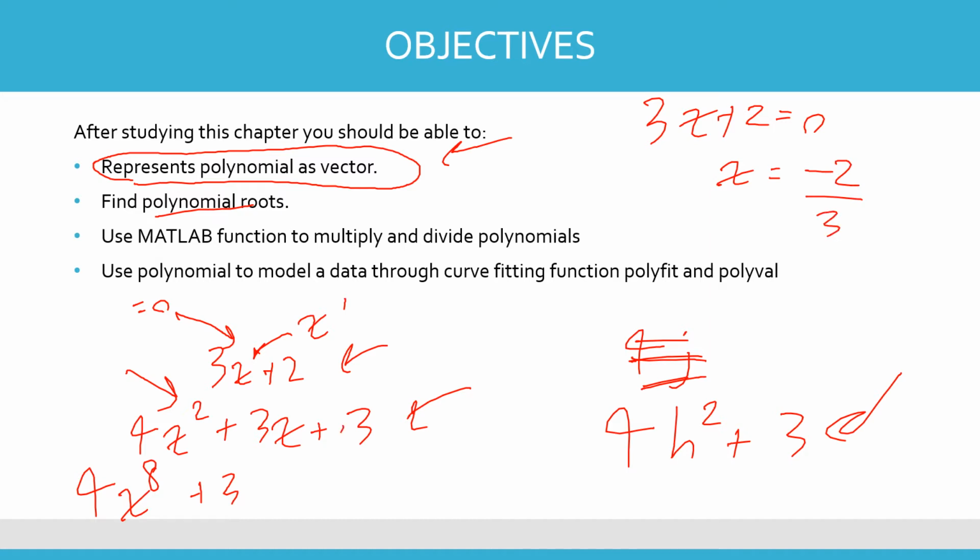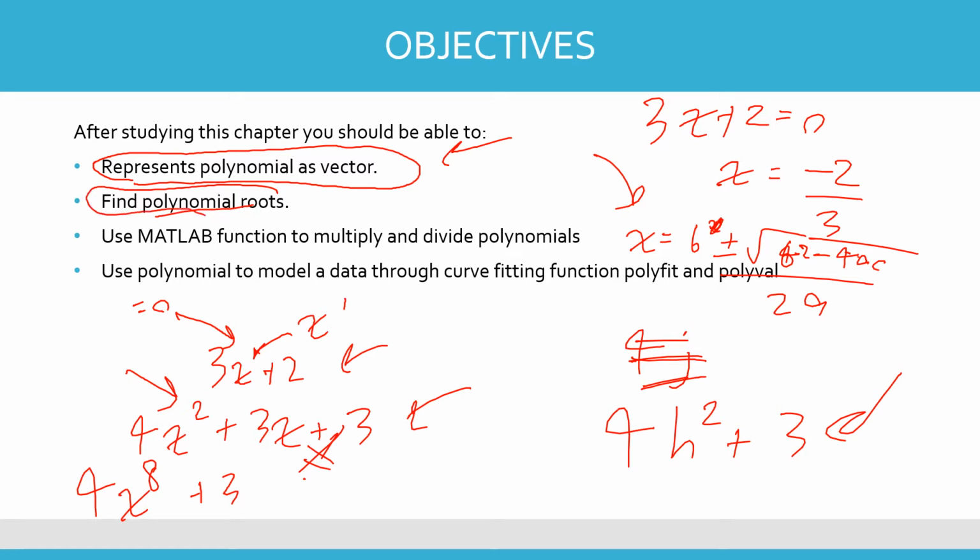And for the quadratic example, remember that x is equal to negative b plus or minus the square root of b squared minus 4ac, divided by 2a. So you will get the root this way, and this is the manual way. You have to know how to get the root using MATLAB, which is much easier.